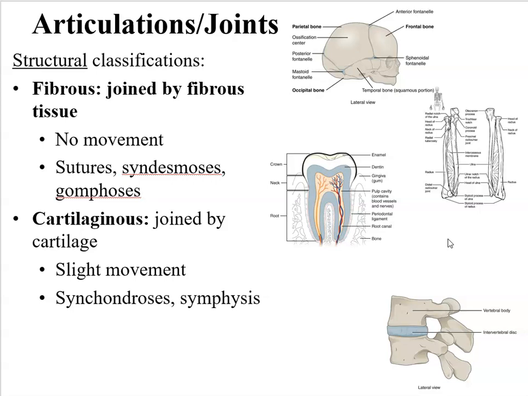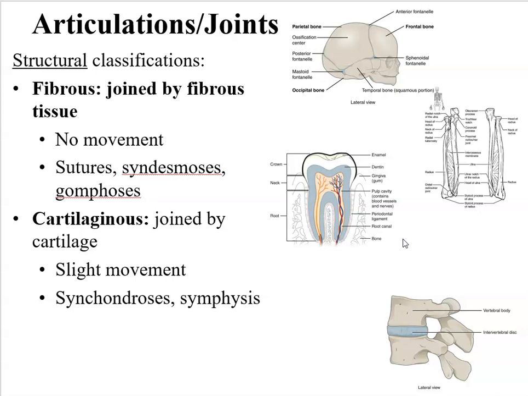Gomphoses are very limited. This indicates just the teeth in the alveoli or the sockets. Here, a little bit of fibrous connective tissue solidifies the connection between tooth and mandible or maxilla.